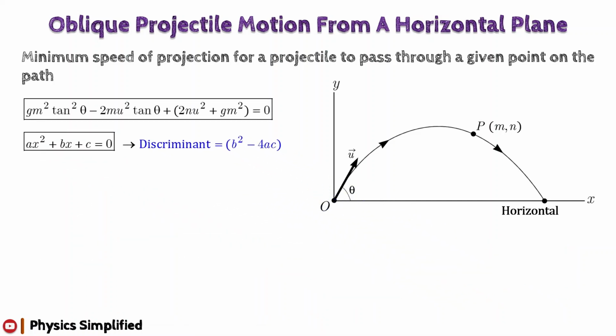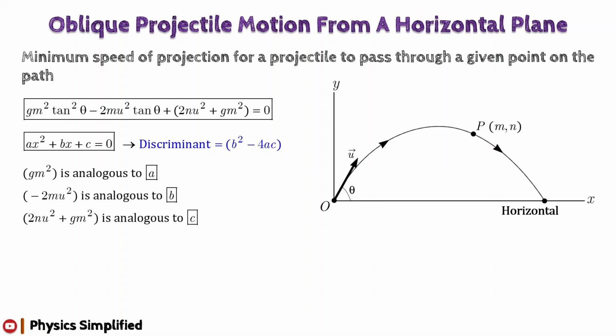Now, comparing our current quadratic equation with the standard form of the same, we find that gm squared is analogous to a, minus 2mu squared is analogous to b, and 2nu squared plus gm squared is analogous to c.